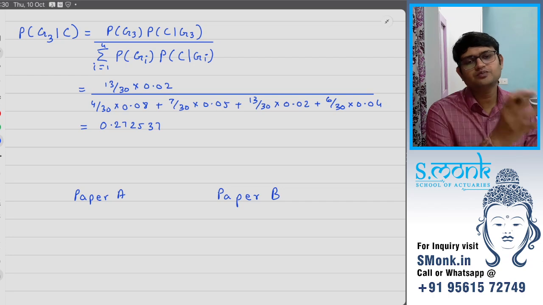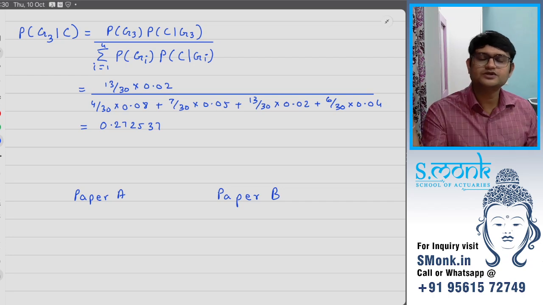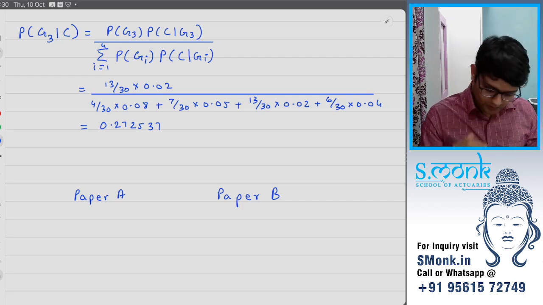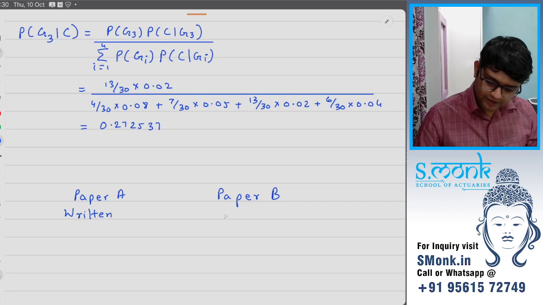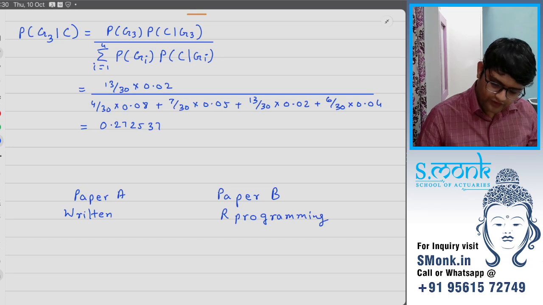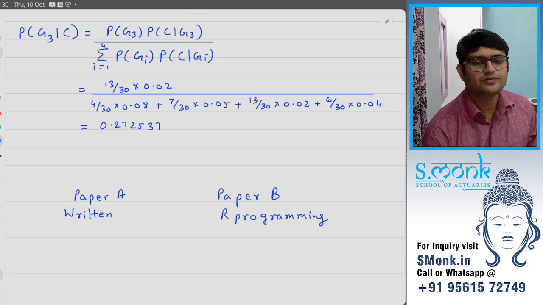You cannot choose to give paper A in April and paper B in September. No. Paper A is a written examination and paper B is R programming. We are going to learn R programming also.